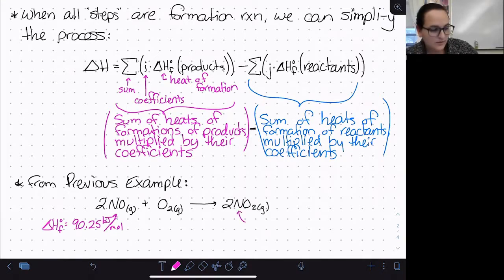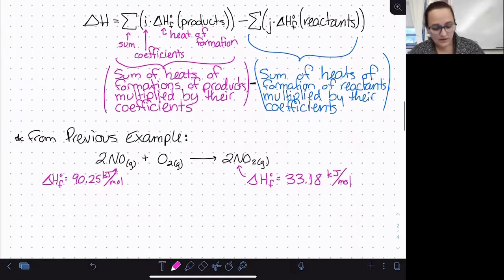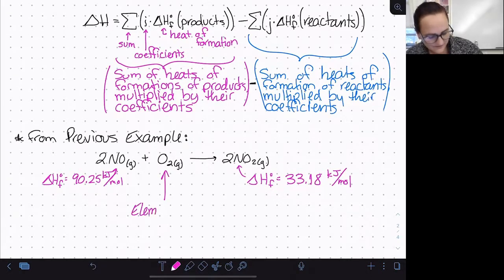And we were given the formation reaction for NO2 along with the heat of formation of 33.18 kilojoules per mole. So that's all we were given. You will notice that we were not given anything for oxygen, but we don't really need anything for oxygen because for elements in their standard state, the heat of formation is always 0.